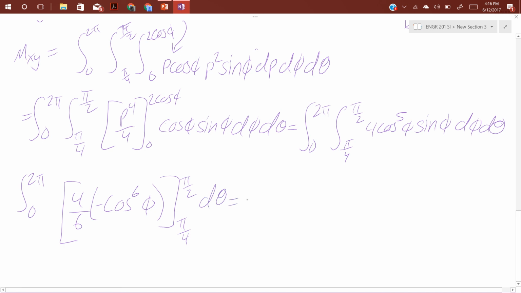Pi over 4 to pi over 2, d theta. So this will equal negative 2/3, of course with our limit of integration for theta still, times cosine pi over 2 to the 6.